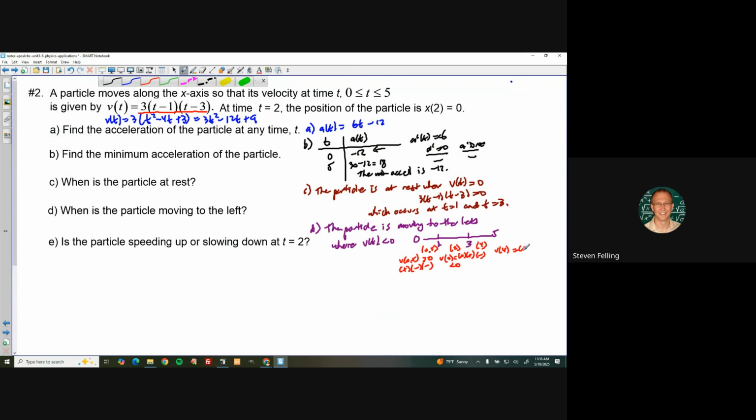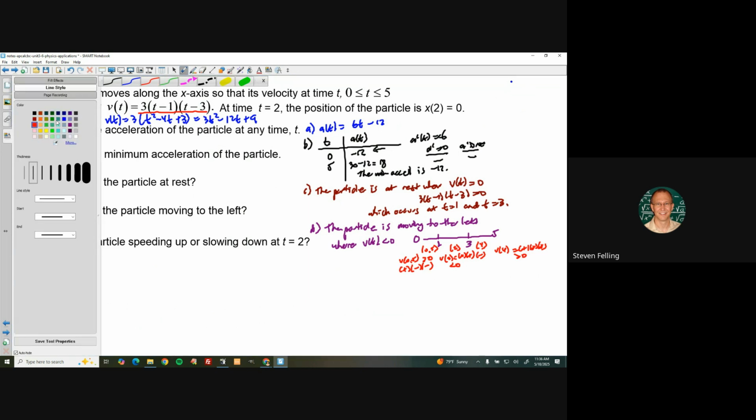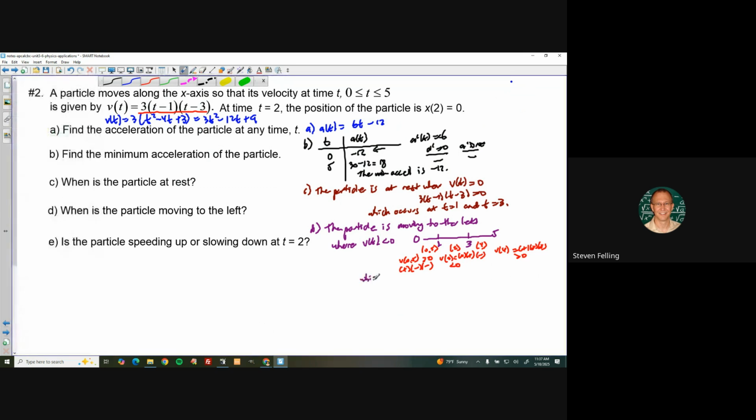So that's positive, positive, positive. And that is greater than 0. So since we're looking for places where the velocity is negative, that only happens in this middle interval. So we can say which occurs for t between 1 and 3.